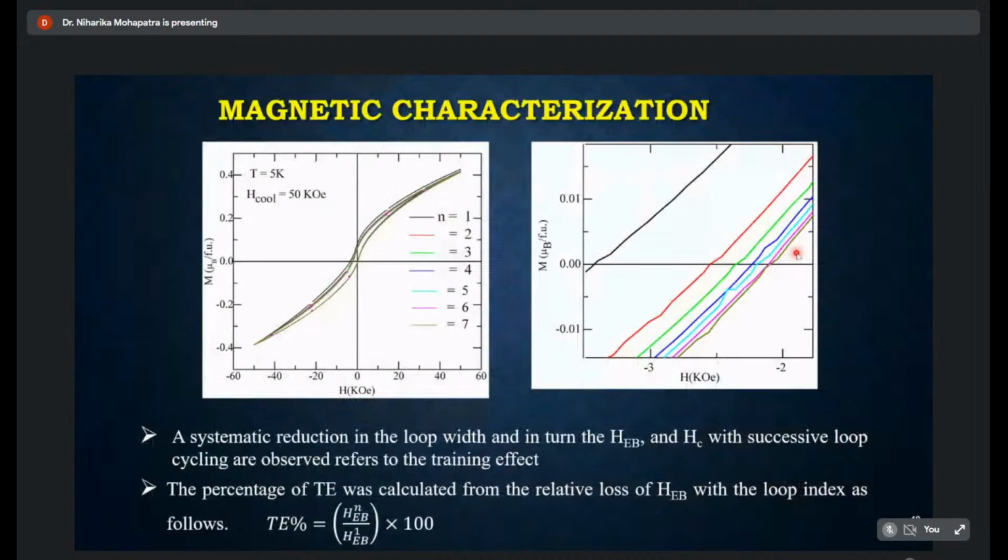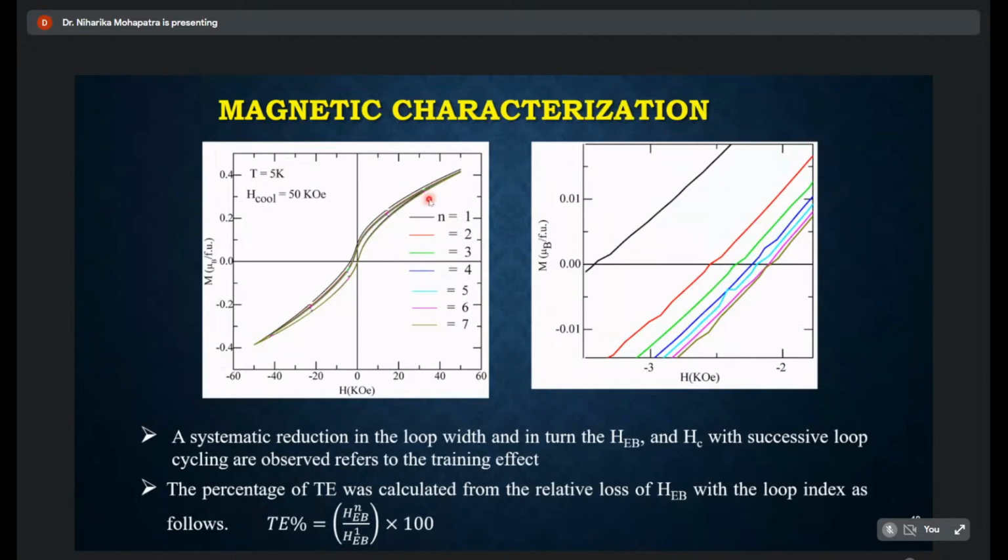Now, to further understand this, we try to do the training effect. So I'll tell you what the training effect is. Training effect is a characteristic of the exchange coupled system, which shows that there are uncompensated spins present, revealed by cycling the loop. Basically, we cool the sample in field, we reach the temperature, and after reaching that, we do the magnetization cycling.